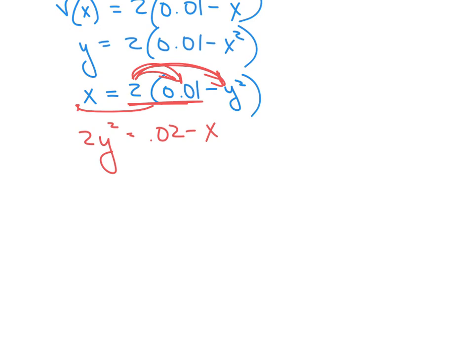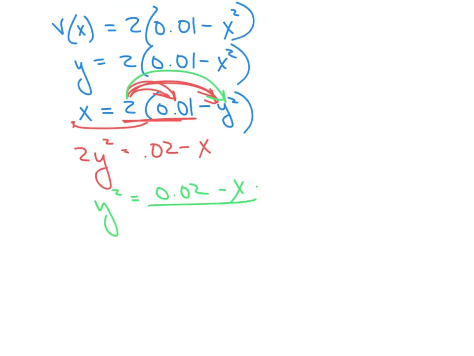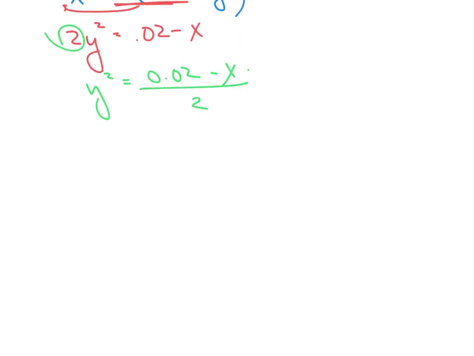I have the 2y squared because I multiplied this 2 times this y, and I moved things around just to make my 2y squared positive, so it moved to the other side of the equal sign. Divide both sides by 2, and I end up with y squared equals 0.02 minus x all over 2. So all I did was divide both sides by 2.